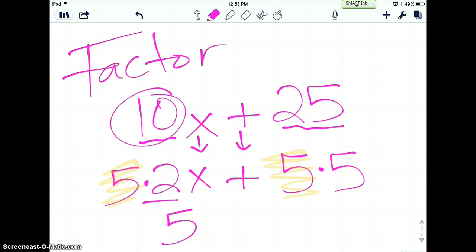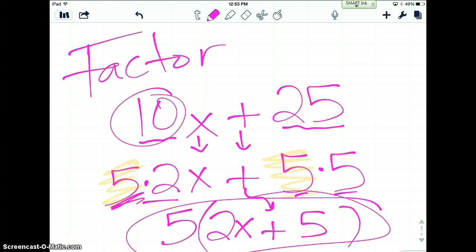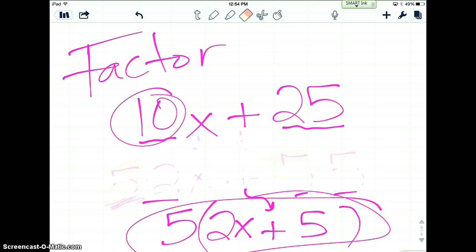So I'm going to bring it out because we found 5 of 2 things. 5 of what? 5 of 2x, bring down the plus, and 5 of 5. So there we have 10x plus 25 is equivalent to 5 times the quantity of 2x plus 5.